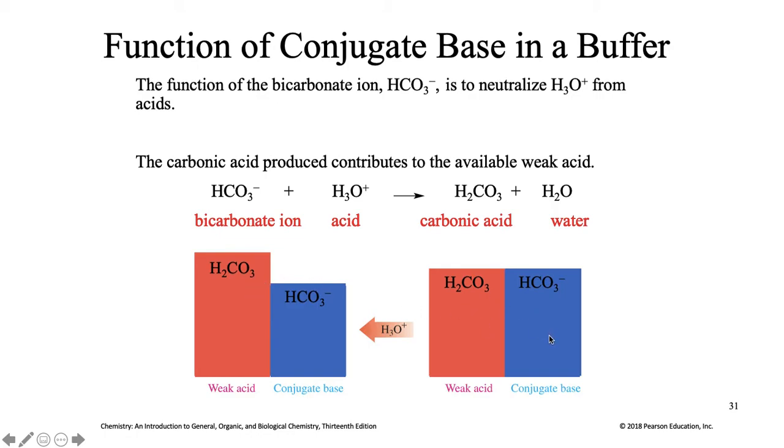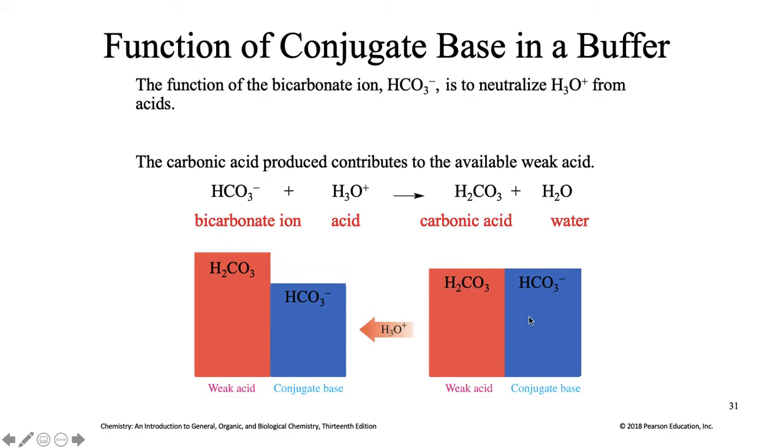And now you can see why it's so important that I have the weak acid and its conjugate base in the same equal concentrations to be able to withstand the addition of extra acid or extra base to the buffer system. Not only is that important, but the amount is also important. The higher the concentration, the better the buffering system is.